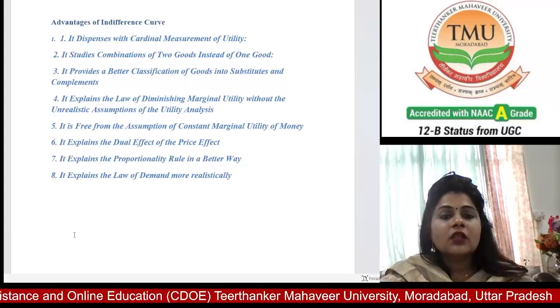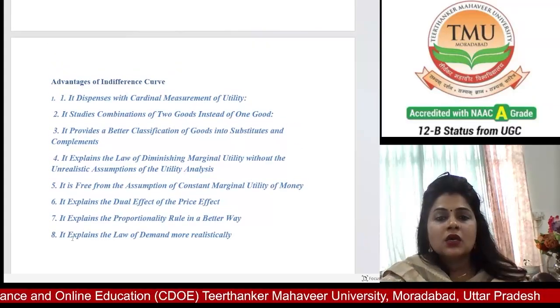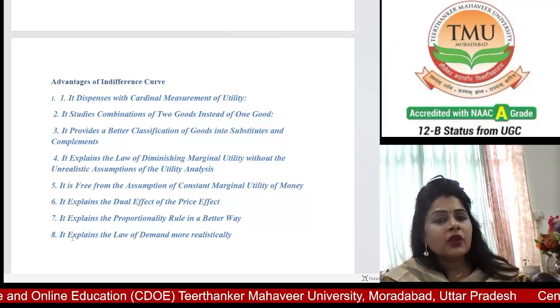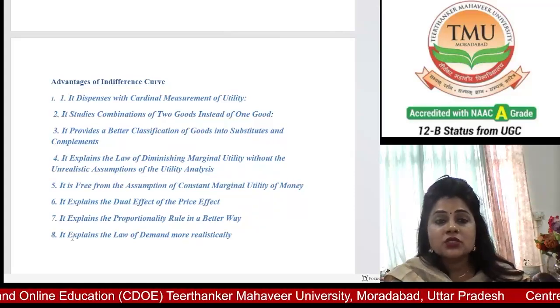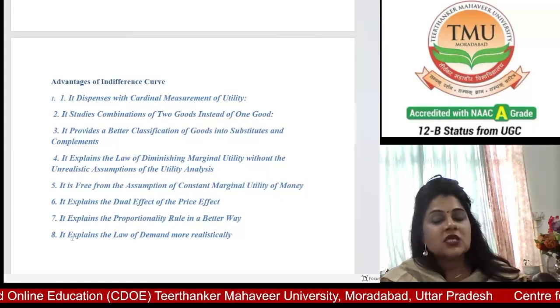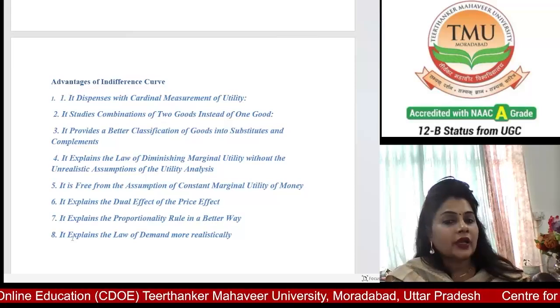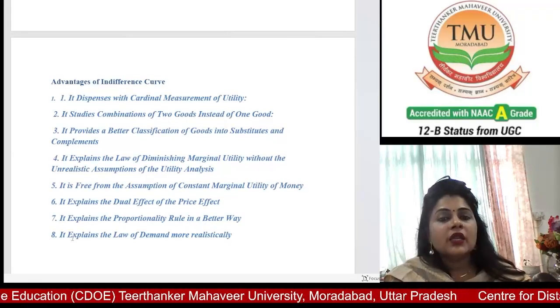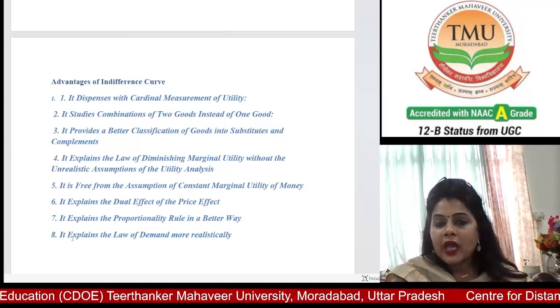The utility analysis is applicable to all types of goods, including money. Since this law is based on cardinal measurement, it carries all the defects inherent in the cardinal analysis.